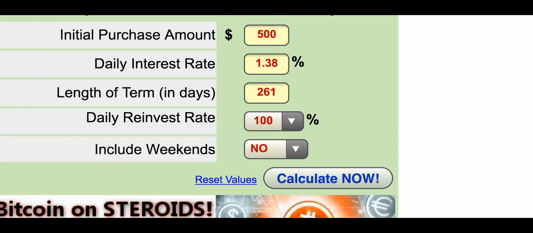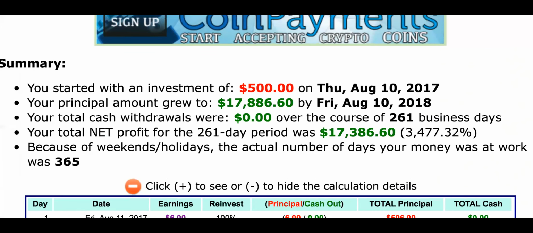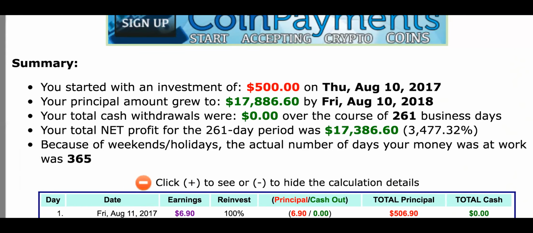So if you started with Zeus with $500 for a year, at 1.38% a day, that account could grow potentially to $17,000 in a year. And that's with continual growth. Even though I put 261 days, it says that because of weekends and holidays, the number of days your money was actually at work is 365.